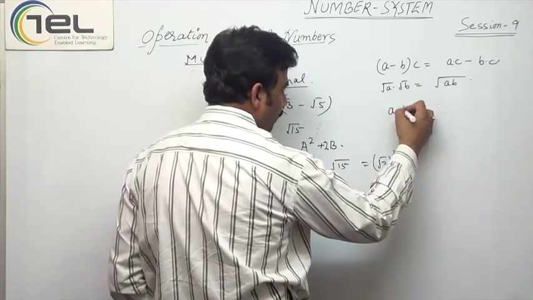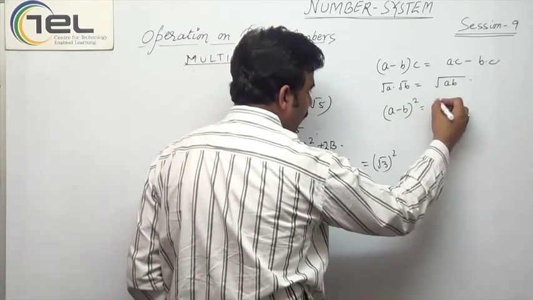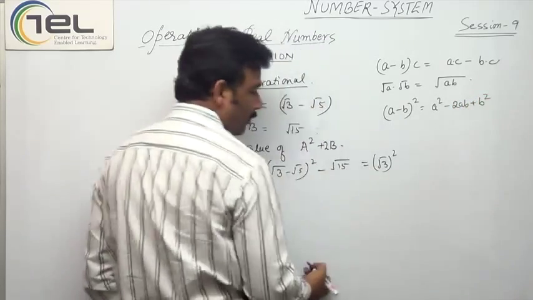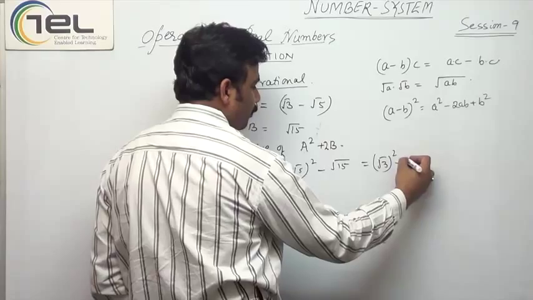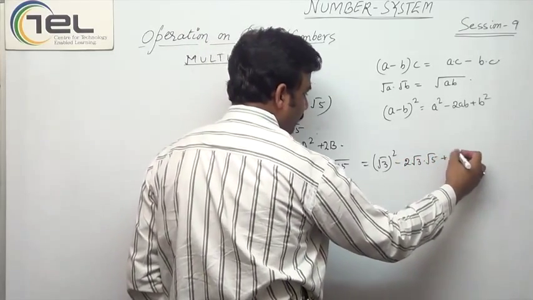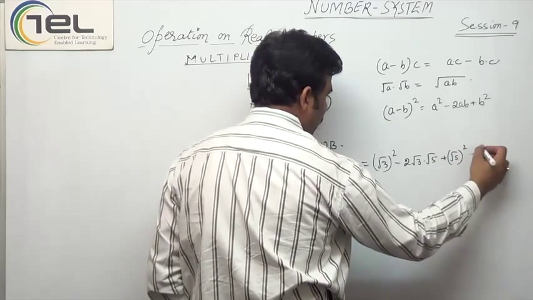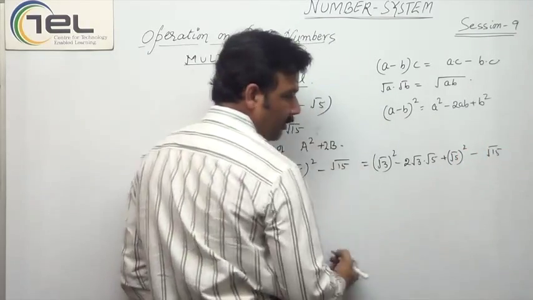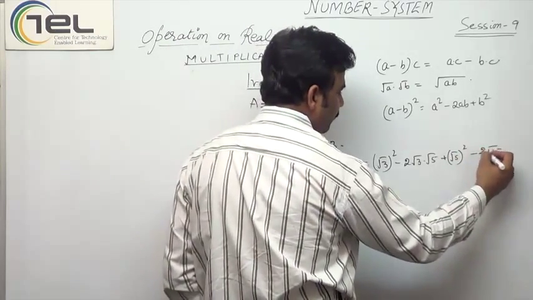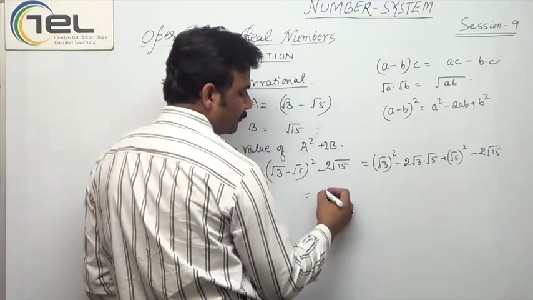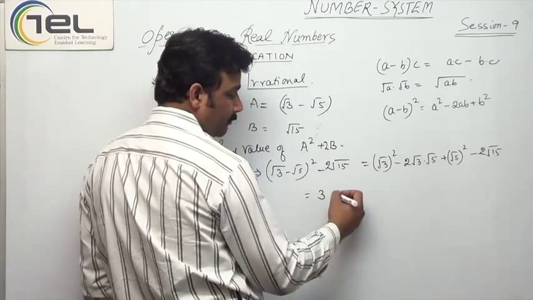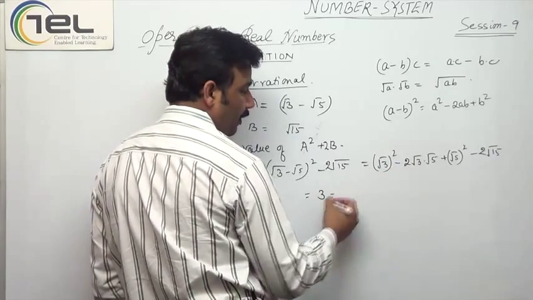We know (a minus b) whole square is equal to a square minus 2ab. So it will be this minus 2 times this. So root 3 square is 3. Why?